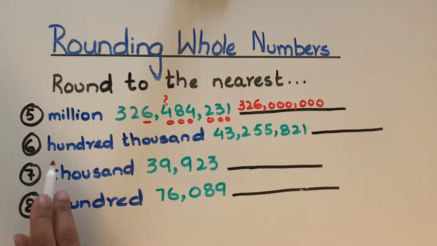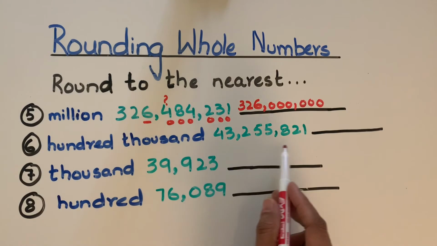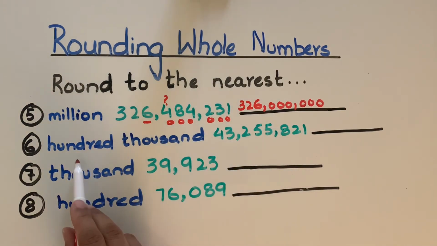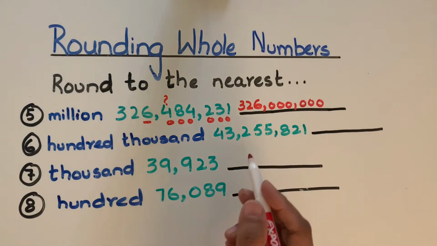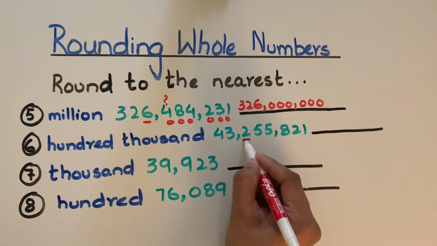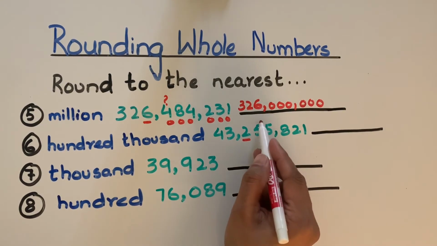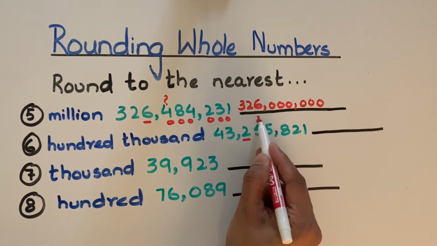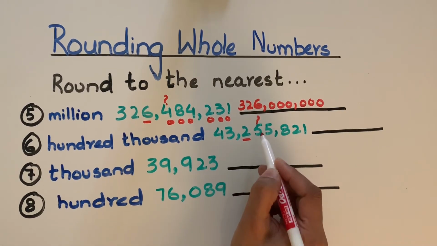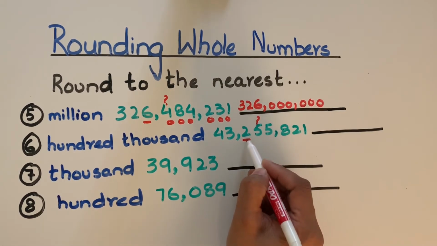The next question is 100,000. It means we have to round this number to the nearest 100,000. So this is the 100,000 place, and we have to check this number. 5 or more, raise the score. Yes, this number is 5, so we have to raise this score.